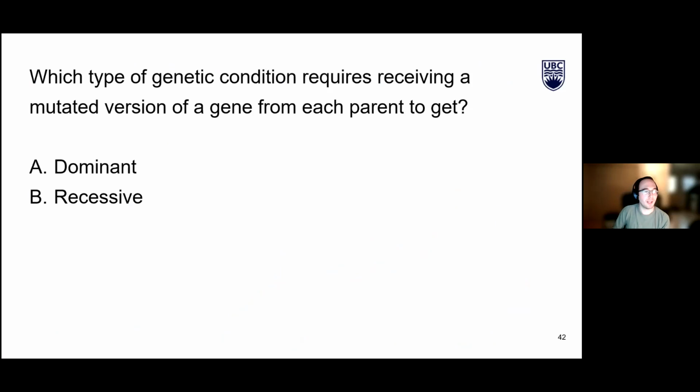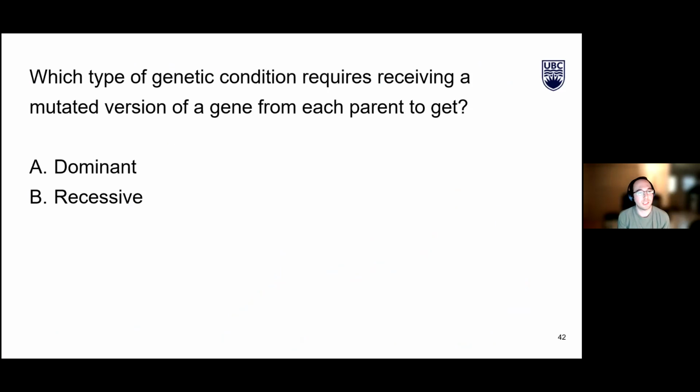All right, so I just wanted to pop in another question here just to make sure everyone's got this whole dominant recessive thing understood. So I'll get the quiz question here. You can just participate here and submit your answer.